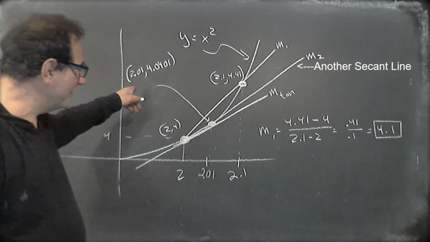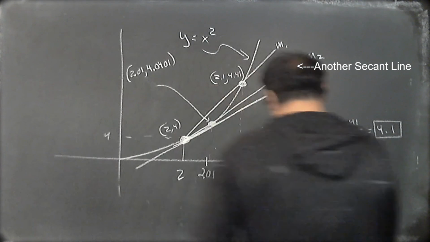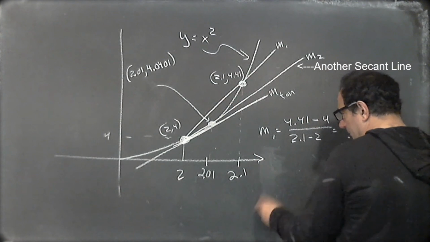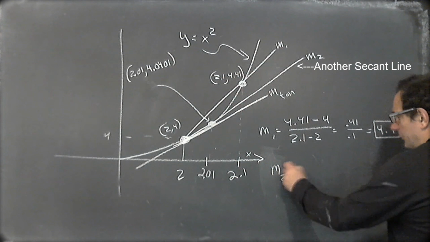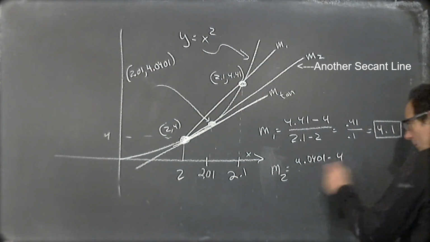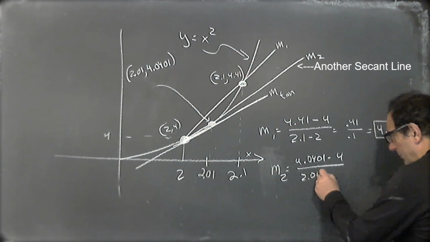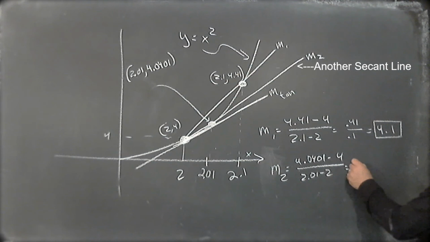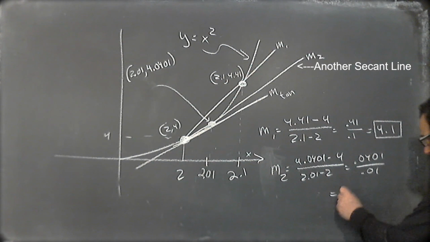So the slope of the second line, which we'll denote by M2, all right? There we go. This is our x-axis. And M2 is going to be equal to (4.0401 minus 4) over (2.01 minus 2), which is going to give us 0.0401 divided by 0.01, which is, after multiplication of top and bottom by 100, 4.01.